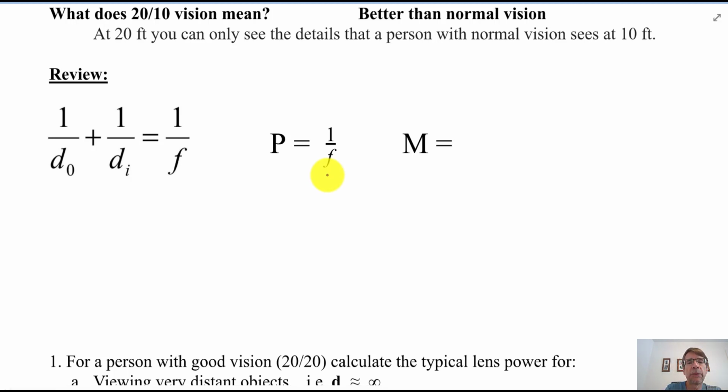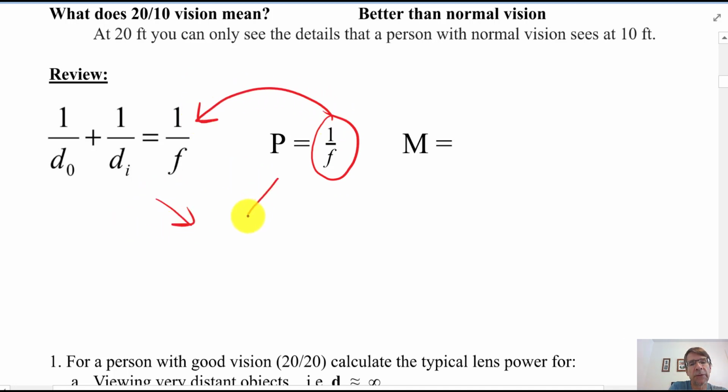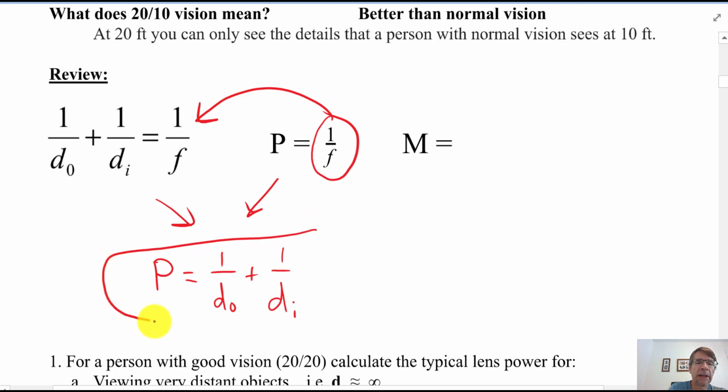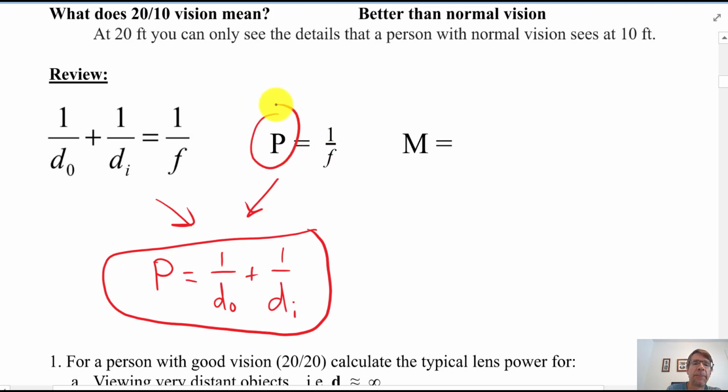And since p equals 1 over f, if I take this 1 over f and plug it in and rearrange, it's advantageous to write the equation like this: lens power equals 1 over d sub O plus 1 over d sub I. That's putting those two together. So that's going to be advantageous to use the lens equation in that fashion. I probably should have circled p. I'm putting in p for 1 over f.